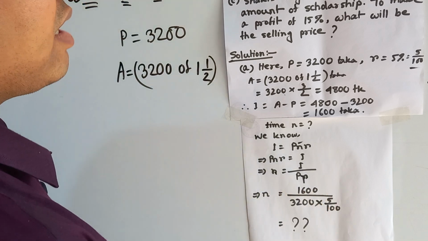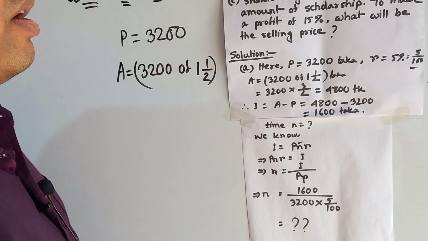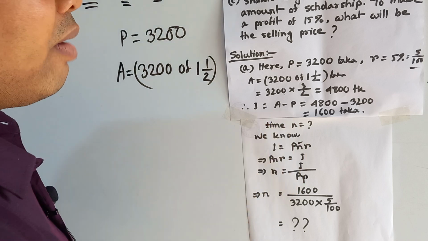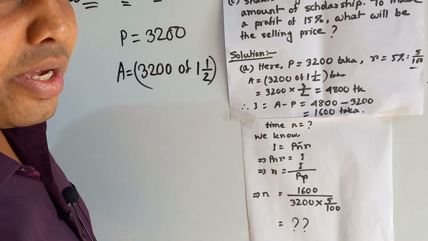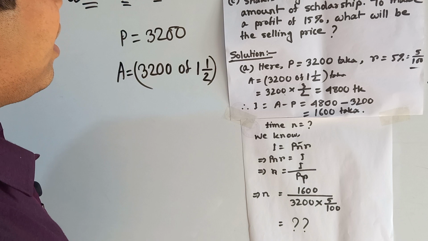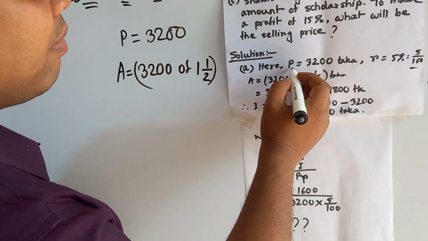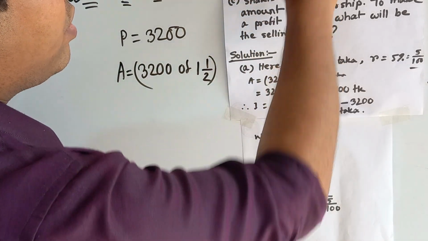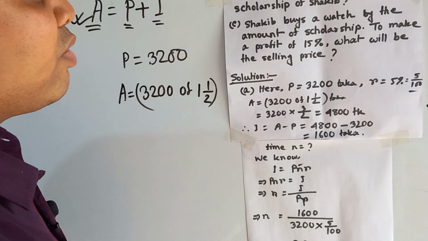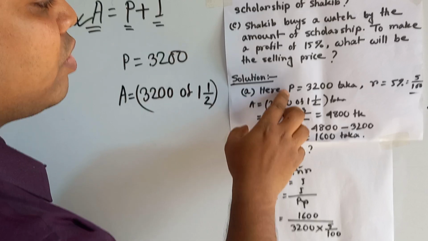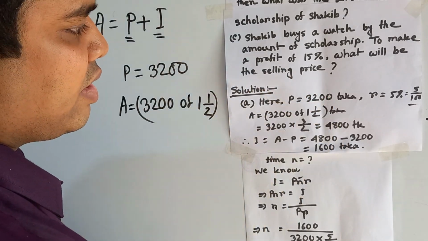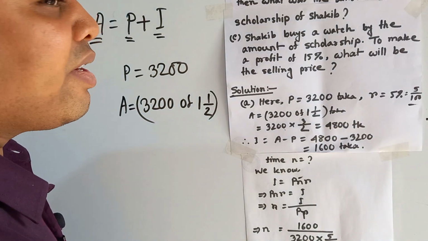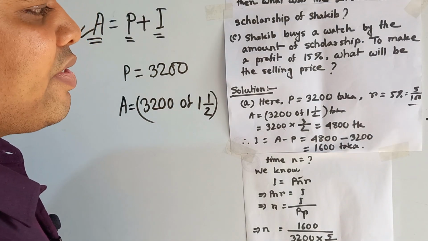The calculation must be done by yourself because this is an assignment. But this topic is unknown to you, for this reason I help you to solve. Here you notice P, but I didn't give the full meaning of P. P means Fabia's amount, so when you do your assignment, you must write Fabia's amount, comma, P equal to 3,200 taka. And R, what is R? R means rate of interest. You need to write rate of interest R equal to 5%, 5 by 100.